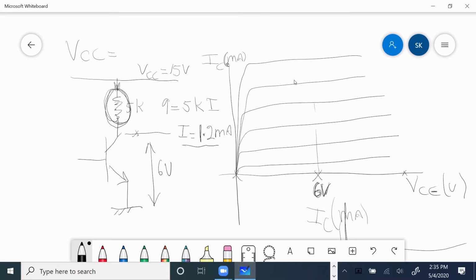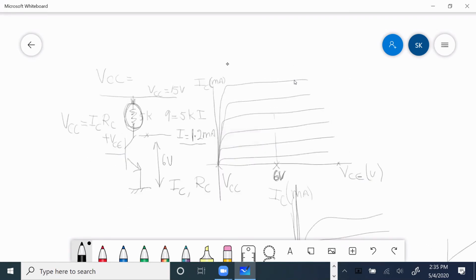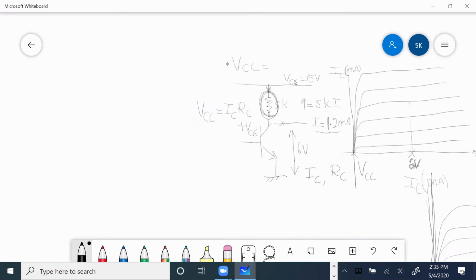Now I have IC, I have RC, I have VCC. So I can say VCC equals IC RC plus VCE. I'm just making too much mess here. I'm sorry about this. Let me write it down.